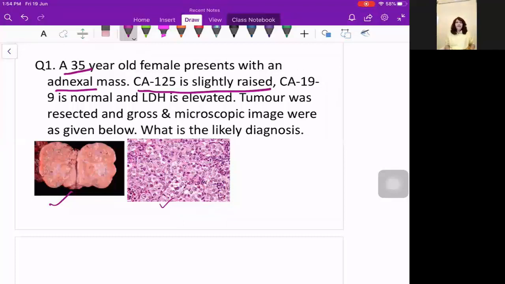That means it is not a malignant ovarian tumor where CA-125 is markedly raised, which is a malignant epithelial ovarian tumor, and that usually occurs in the menopausal or postmenopausal age group. So this is a reproductive year age female. But here it is written that LDH is elevated.